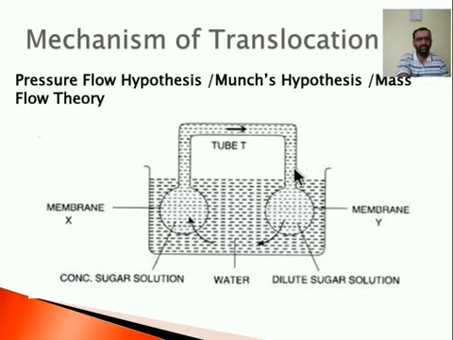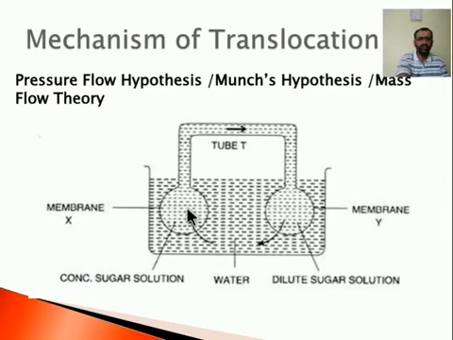The osmometer A, or X, contains concentrated sugar solution, while container B, or Y, has only water. We know that X contains the concentrated sugar.